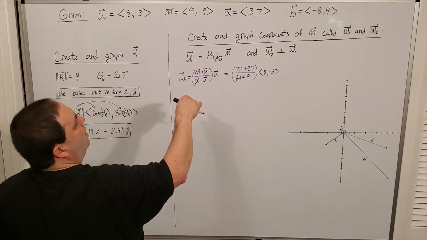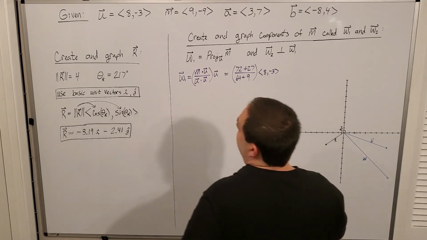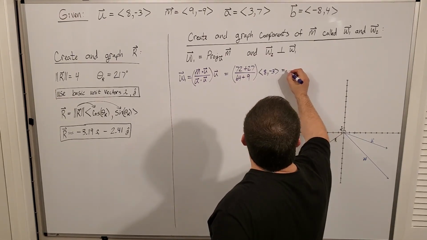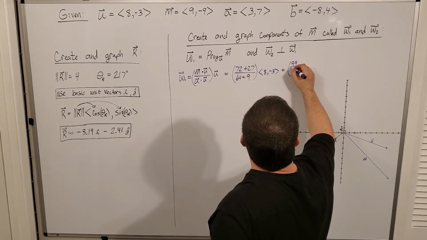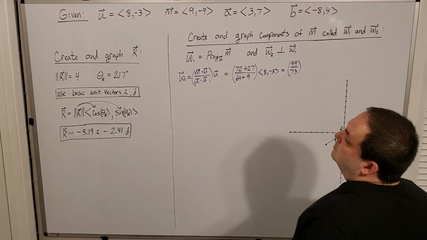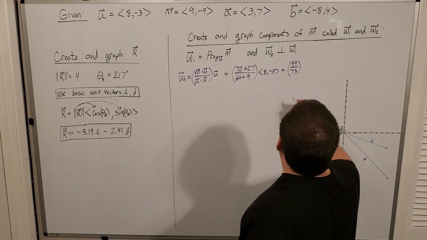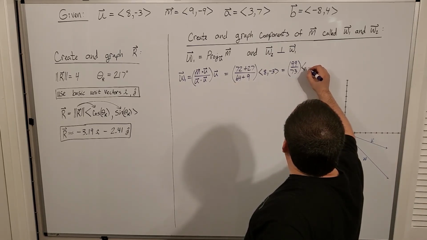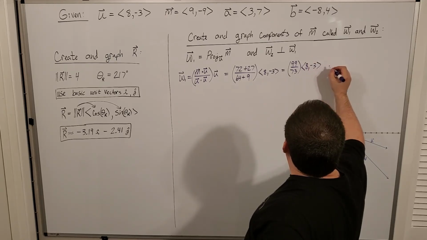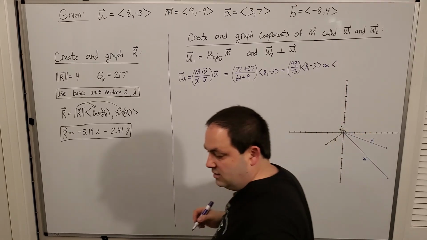So I have 99 over 73 times the vector 8, -3. Okay, so let's get some decimal approximations here.